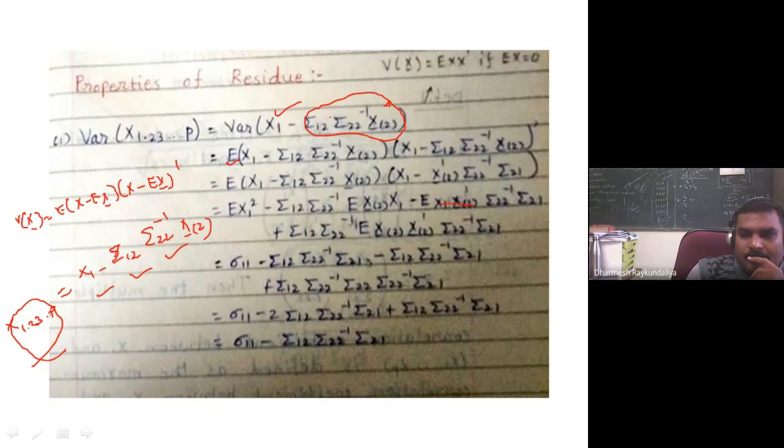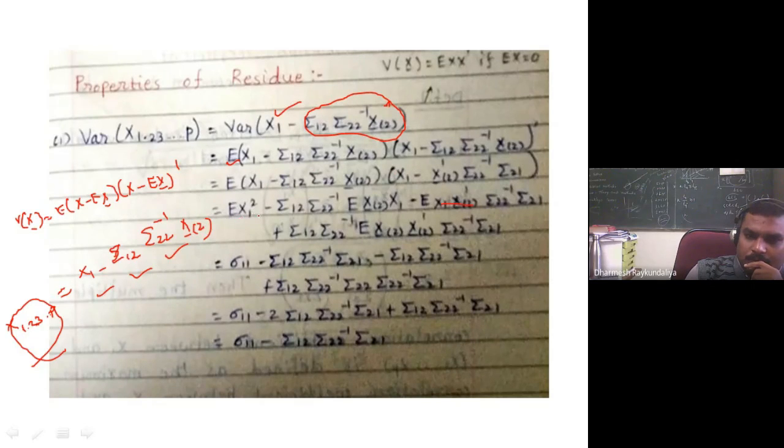अब यहाँ पे हमने क्या किया है? This form I have written as it is, और यहाँ पे जो ट्रांसपोज है मैं अंदर ले गया. तो x1 is a scalar, तो स्केलर का ट्रांसपोज क्या है? स्केलर. And if I am finding the transpose of this quantity, it is x2 transpose sigma 2 2 inverse, and sigma 1 2 का क्या होगा transpose? Sigma 2 1. So this is this, and now I am multiplying and then applying the expectation: x1 into x1, that is x1 square.